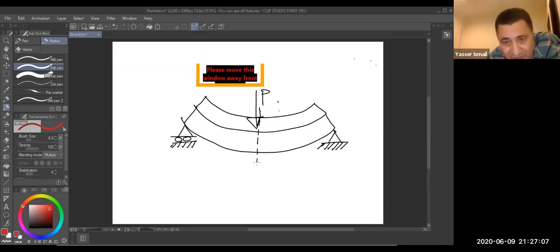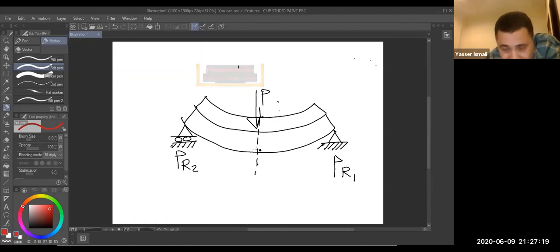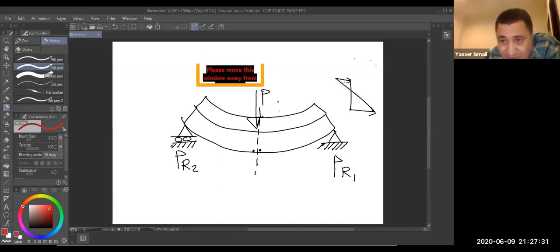I have a reaction R1, and another reaction R2. This lower fiber in this section, tension or compression? Lower fiber is in tension here, and here is compression.